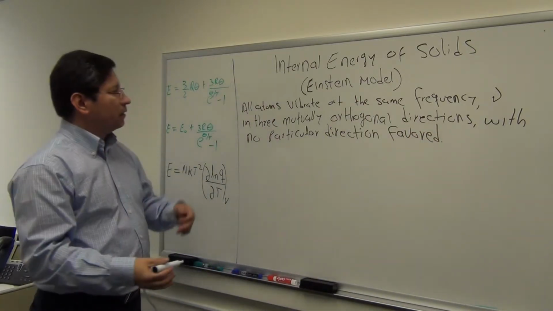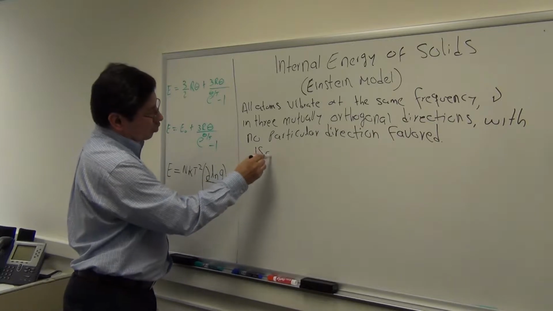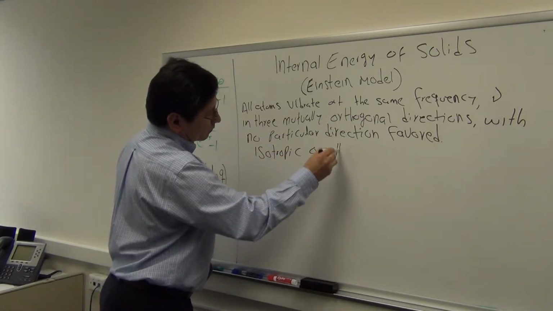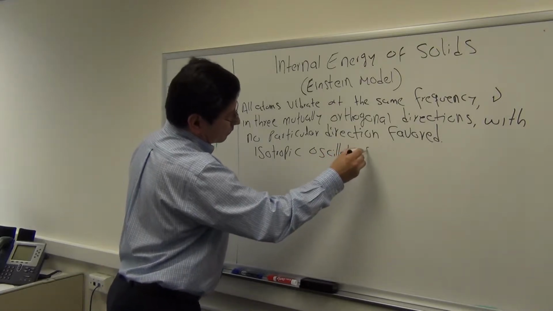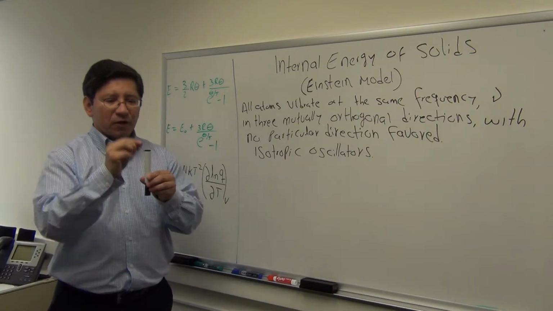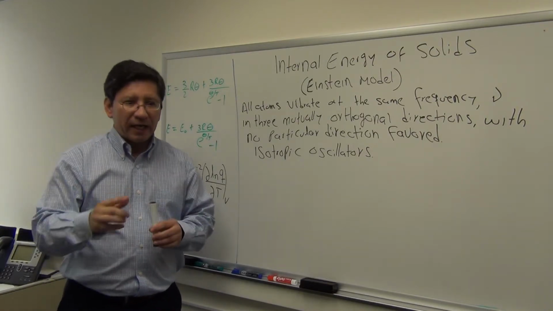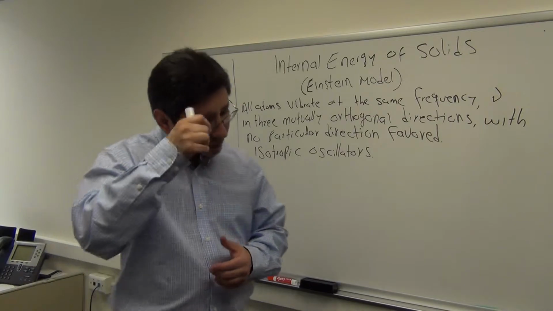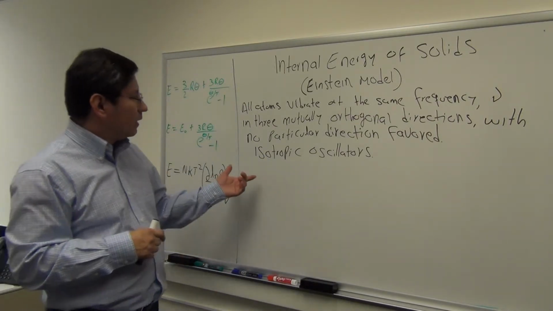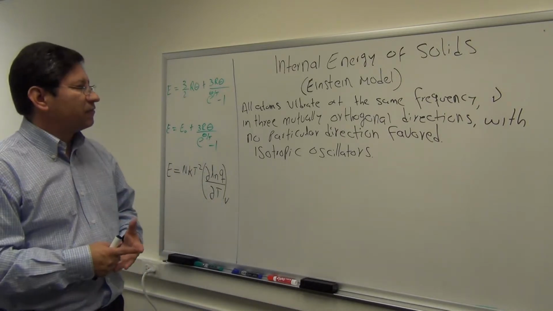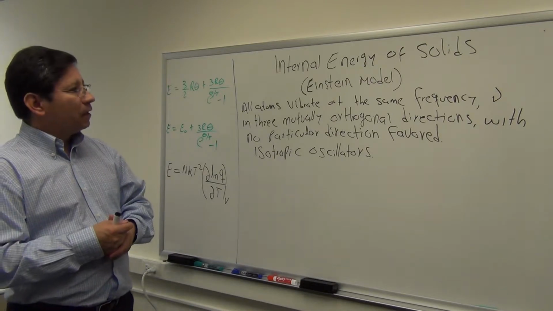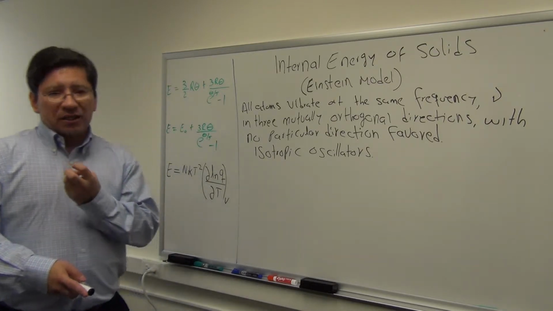So that is, we have isotropic oscillators. Right, so the atoms are vibrating in mutually orthogonal directions, X, Y, and Z, if you want to call them, and they all vibrate at the same frequency, and because no particular direction is favored, then we say that these oscillators are isotropic.